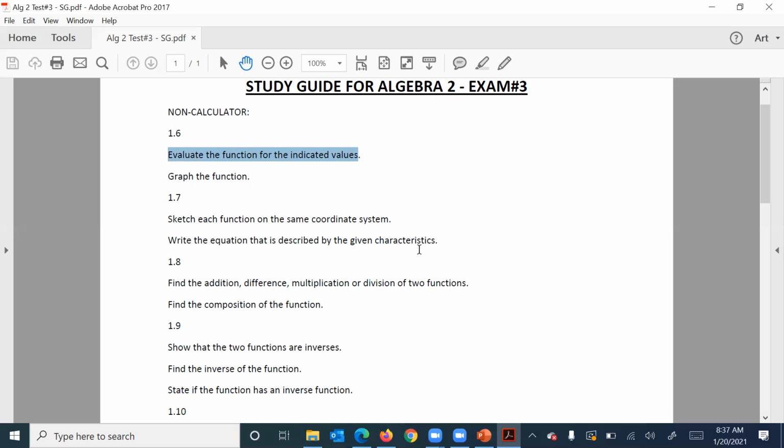So for 1.7, sketch each function on the same coordinate axes. That one's from my own brain.